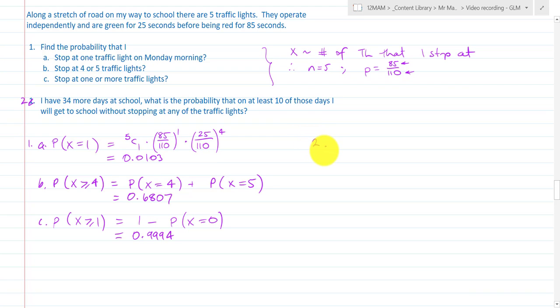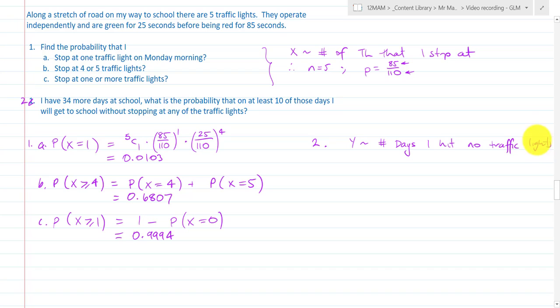And then question 2, I have 34 more days at school. What is the probability that on at least 10 of these days I will get to school without stopping at any traffic lights? So Y is the distribution as in the number of days I hit no traffic lights, which actually we know to be quite unlikely.